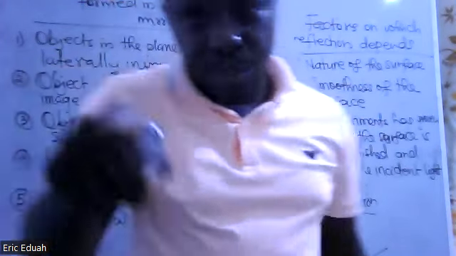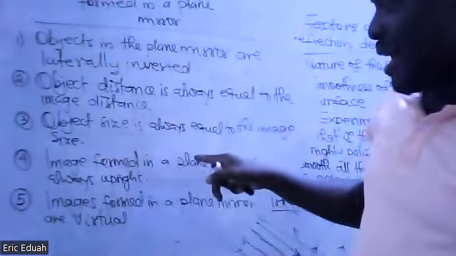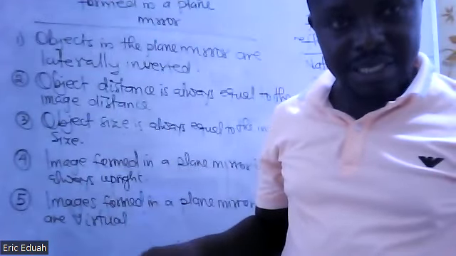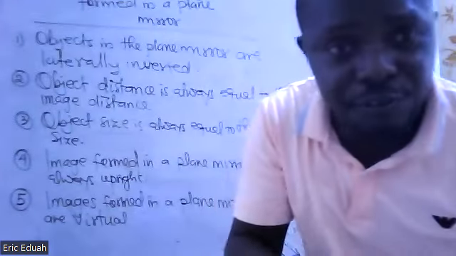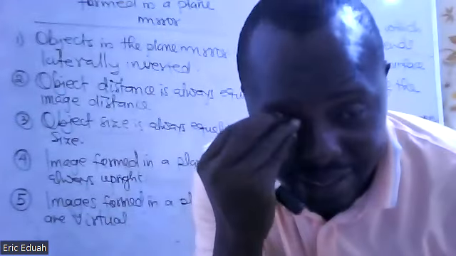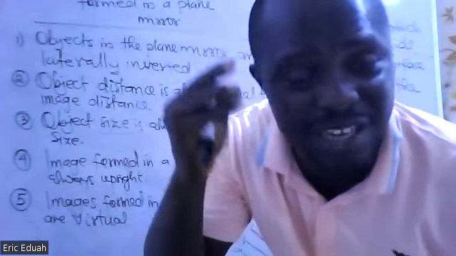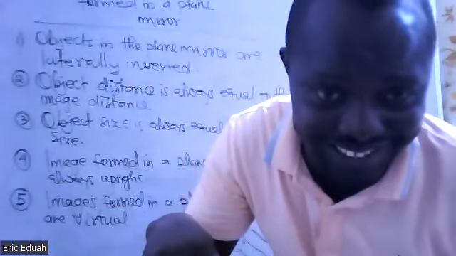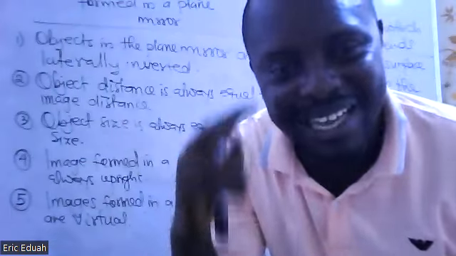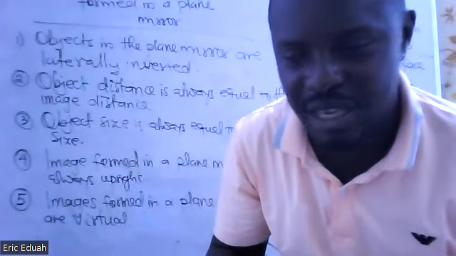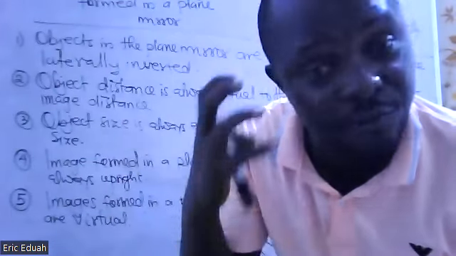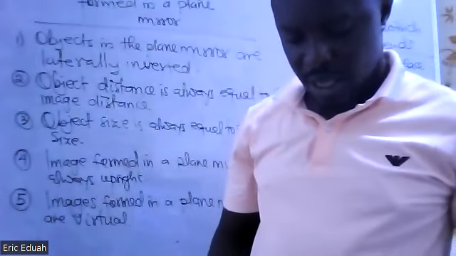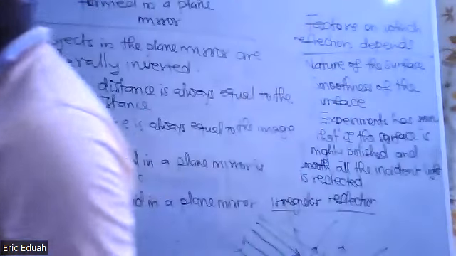Images formed in a pinhole camera are real, and the image formed by our eyes is real. It can be captured on the retina, but it's inverted. But the images formed by a plane mirror are always virtual and can never be captured on a screen. Are we fine?